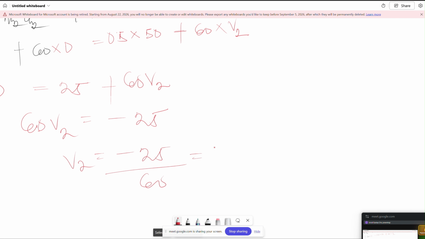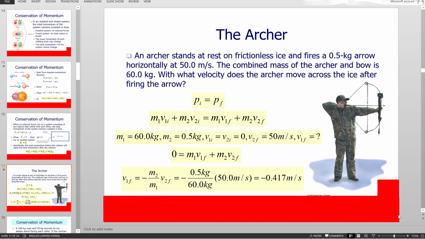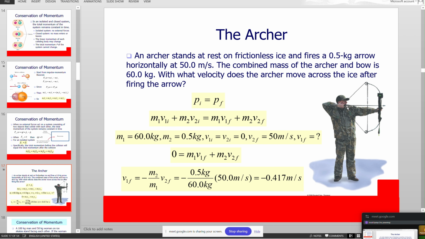It's 0.42. Negative is there, please. So who can tell me why we have it to be negative? It's basically going to be negative. Why? We're going to have it as negative because according to Newton's third law of motion, for every action, there is always an equal but opposite reaction.